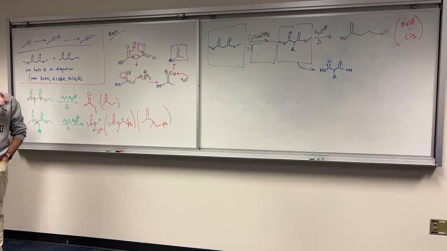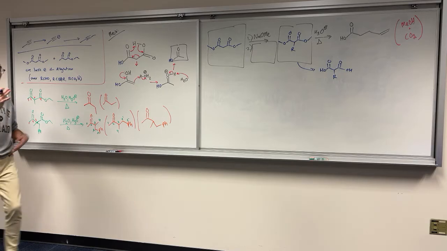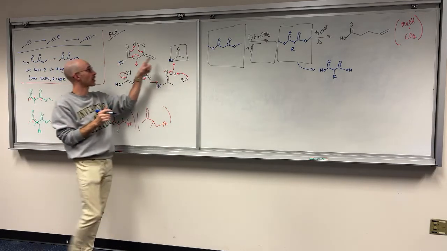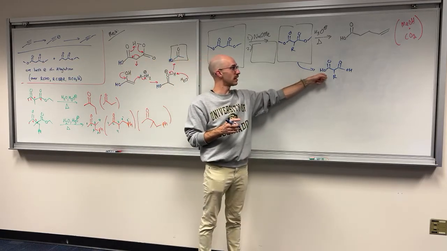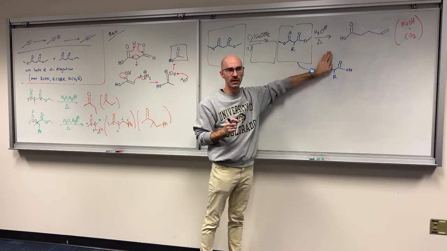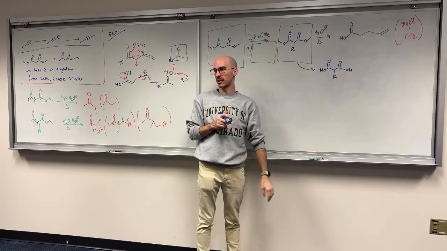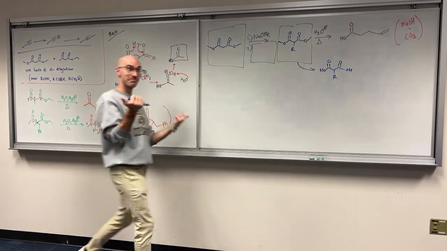That's a beta-acyl carboxylic acid. And it will not leave you with a ketone like we saw before with acetoacetate. When I cleave off one of the carboxylic acids, I get another carboxylic acid. Great.